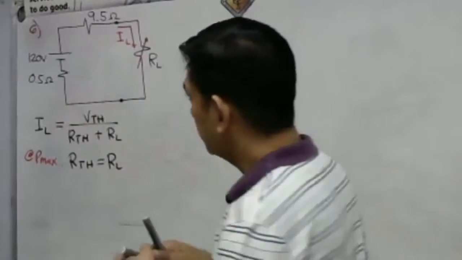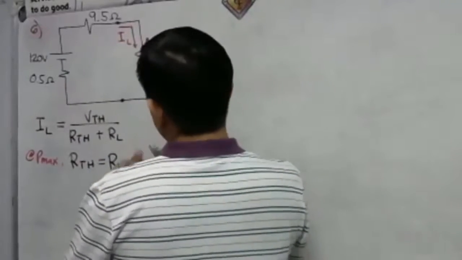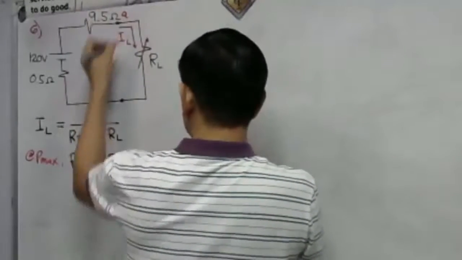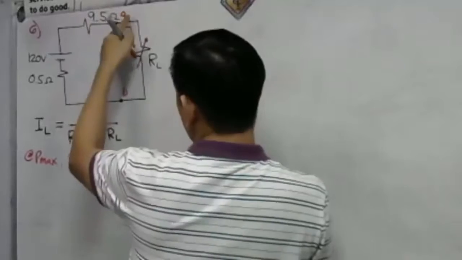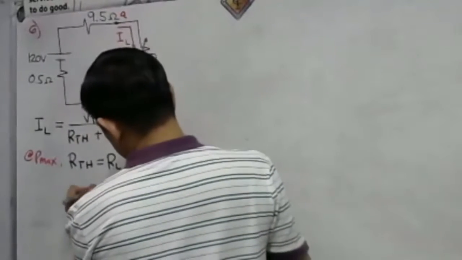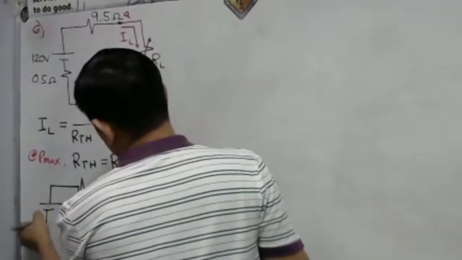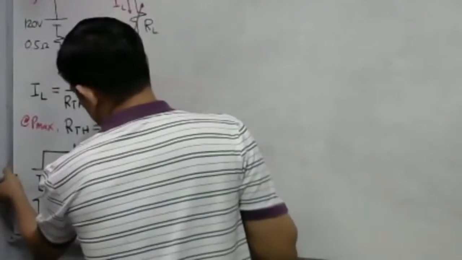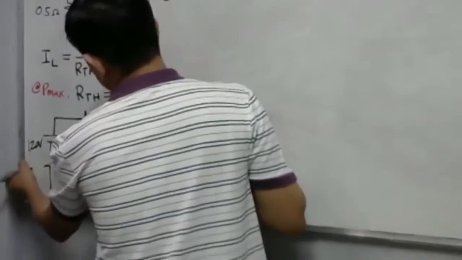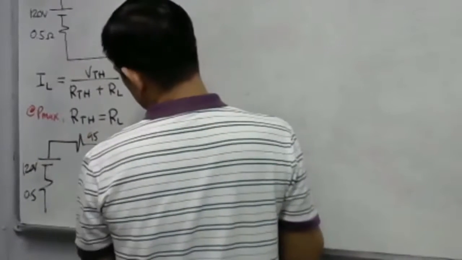Why, sir? Because if we are to open these two terminals, A and B, let us remove our RL here. So we'll be having this circuit. This is our 120 volts, then 0.5, then our 9.5 ohms.